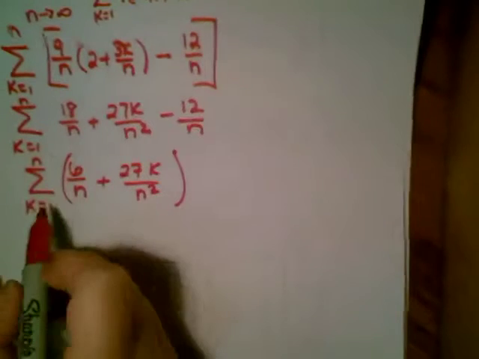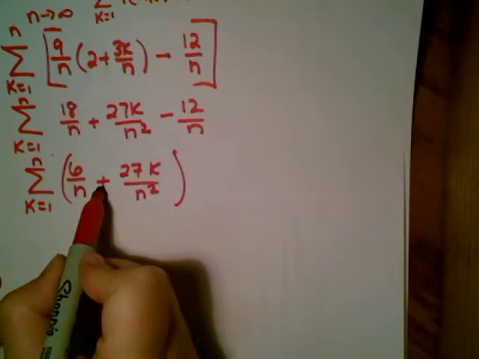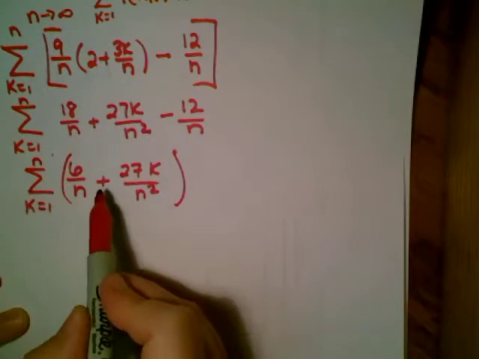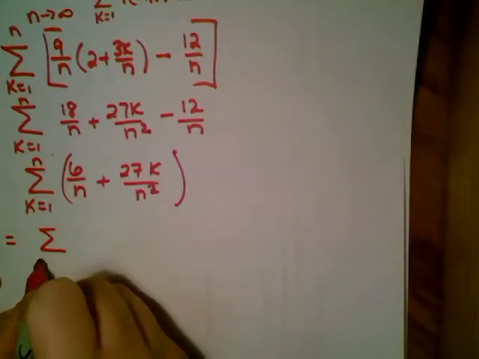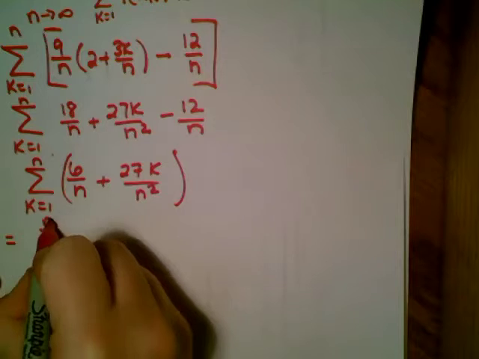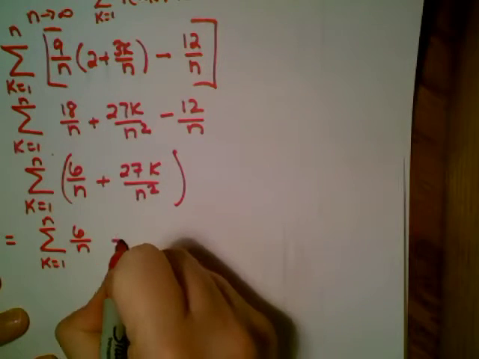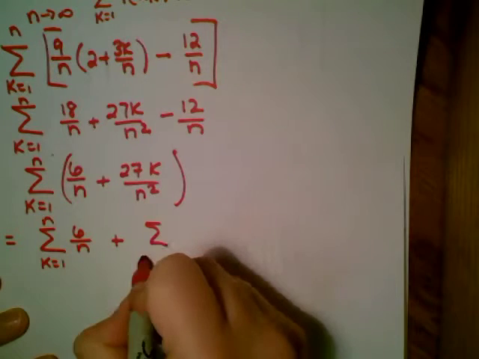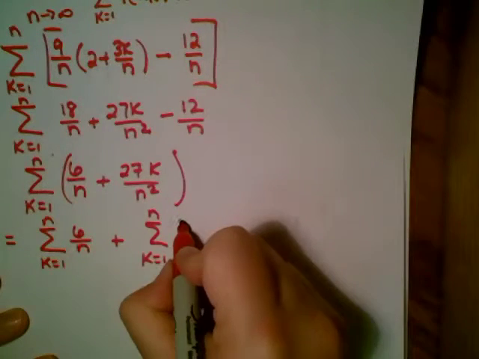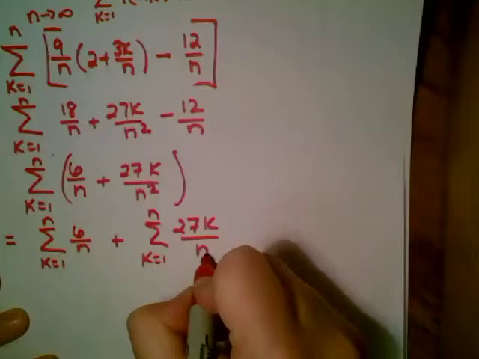Okay, now because we're just adding a bunch of sums, we can reassociate. There's a property of summation that says we can sum up the elements of the first term and then add to that the sum k equals 1 to n of the elements of the second term.